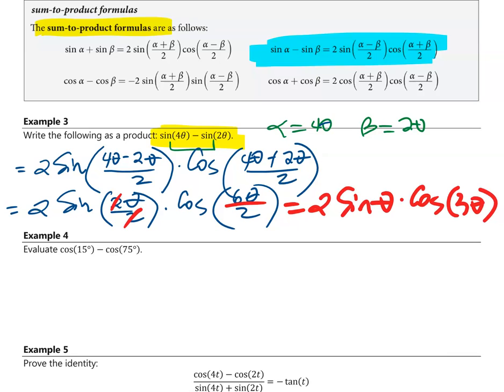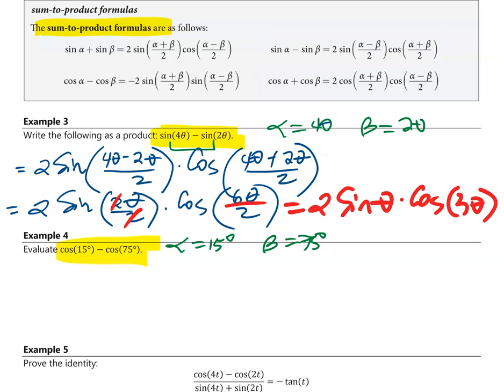Next, example number 4. This time we're going to evaluate cosine 15 degrees minus cosine 75 degrees. And with this, your alpha is 15 degrees and your beta is 75 degrees. Okay, and this time cosine minus cosine, so that means we're going to use this formula.